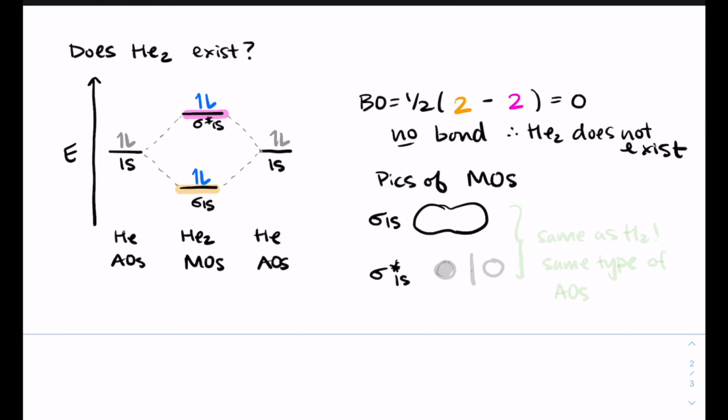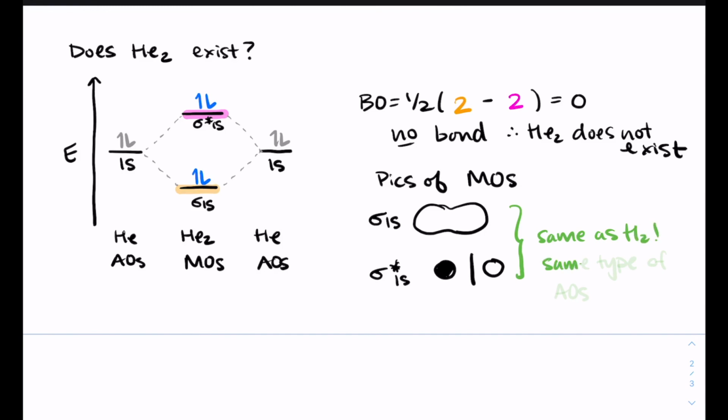And I won't necessarily ask you in every single case, because these pictures just depend on the type of atomic orbital that was used to make the molecular orbital. So a sigma 1s will look the same in every single molecule because it is the result of 1s orbitals coming together and constructively overlapping.